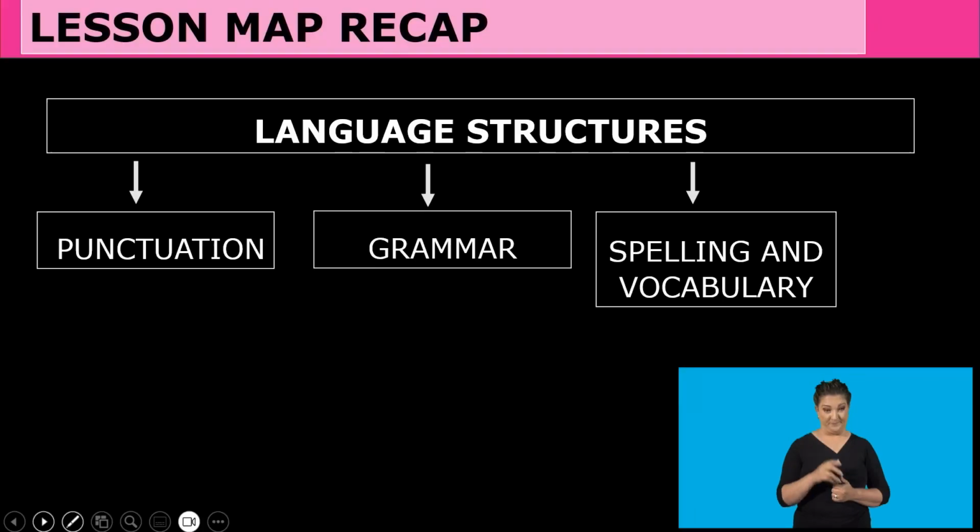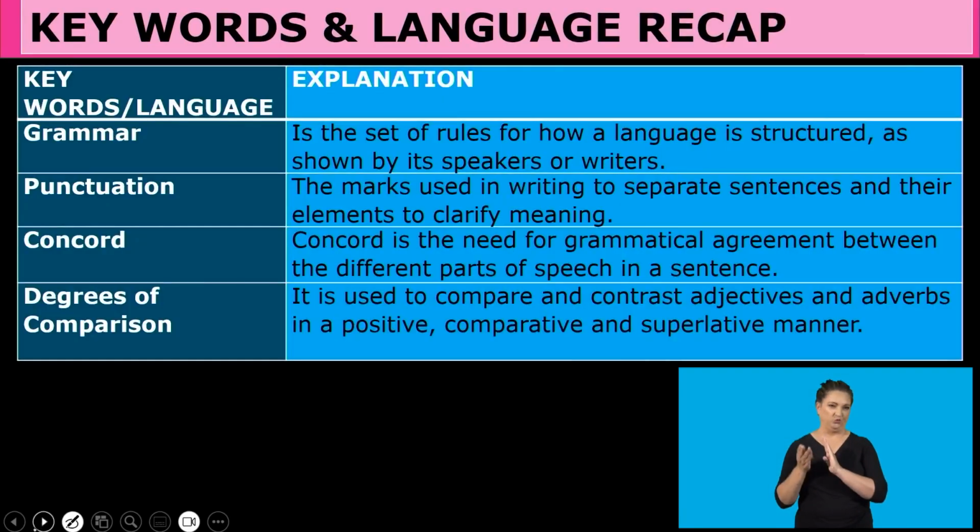Remember, we covered in language structures, we looked at punctuation and the different rules that we had to apply there and the different punctuation marks that we used. In grammar, all right, we covered our aspects there, and in spelling and vocabulary, we looked at the different rules of how to do our singular and plural.